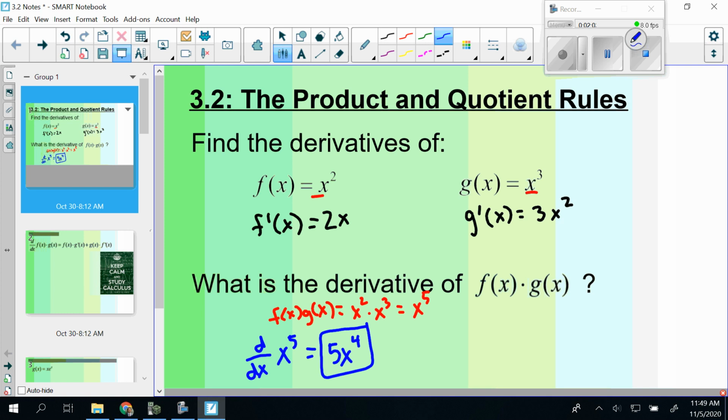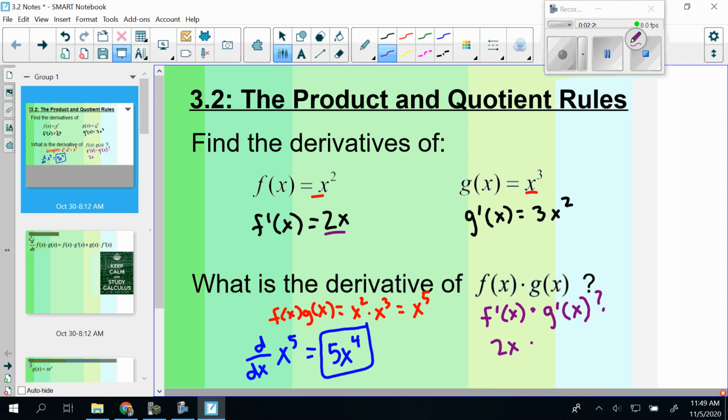Well, what we want to check is whether that is the same as just taking the derivative of both. So in essence, is this equal to f prime times g prime? Is that going to be what the derivative of this is? Well, we know what f prime is. It's 2x.